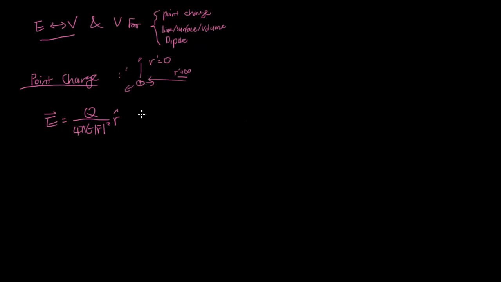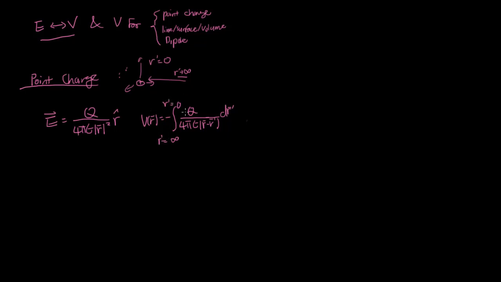Therefore, to find the expression for the potential, V of r, we would take the negative integral, going from infinity to the origin of the charge, of q over 4 pi epsilon |r minus r prime| squared, d r prime. And this is just a reminder, this is the charge, right?